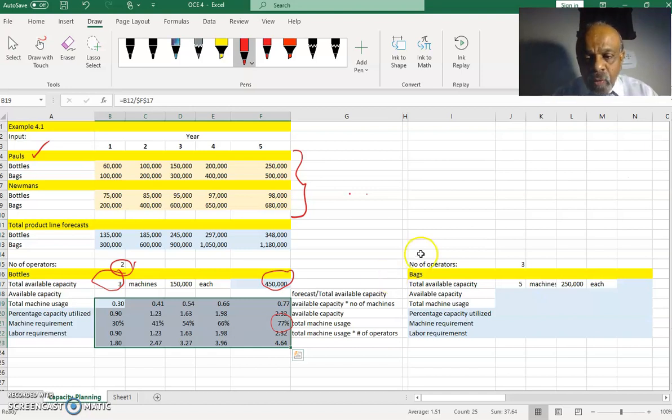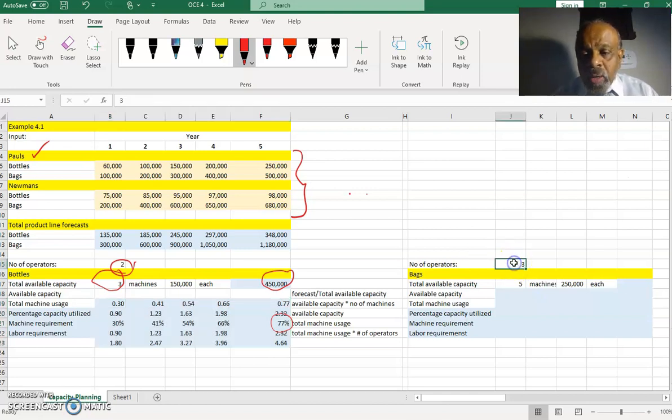Let's do the same thing for bags. The number of operators is 3. The total available capacity is 5 machines, 250,000 each. My total available capacity of 5 machines is going to be 5 times 250,000, which is 1,250,000.